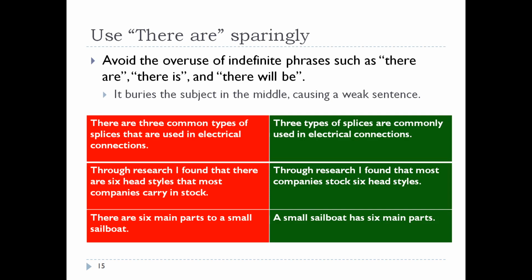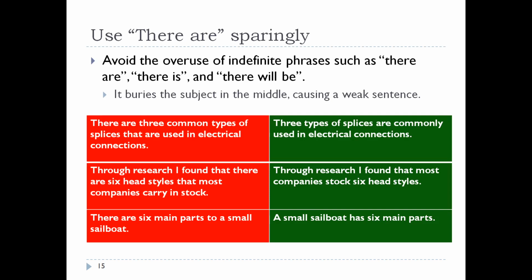You can simply say, 3 types of splices are commonly used in electrical connections. Now this is more clear. Why? Because the subject hits you at the very beginning. It is not hidden or pushed back by these 2 words, "there are."